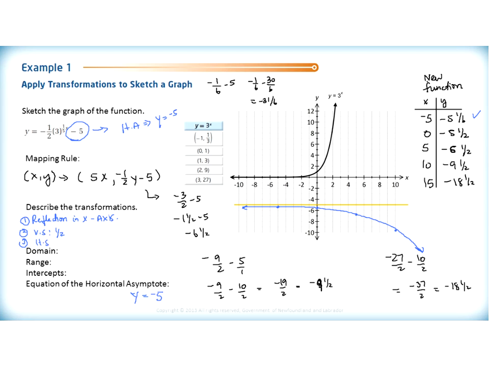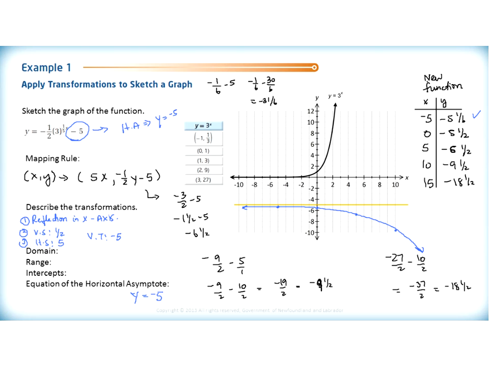We have a horizontal stretch of 5. We do take the reciprocal of the 1/5 to get the horizontal stretch. And we have a vertical translation of negative 5. A vertical translation of negative 5. There are all the transformations that are occurring on this function.